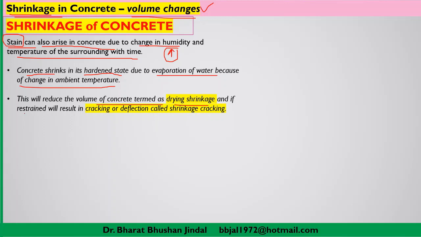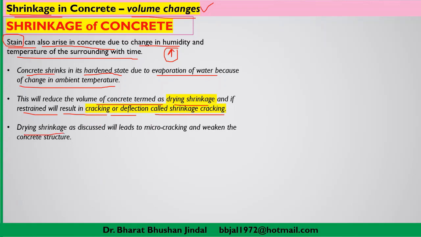And if that particular structural element is restrained to shrink, then there will be cracks or deflection, and that type of cracks are known as shrinkage cracks. Earlier we have gone through creep, now it is shrinkage. So cracking due to shrinkage of concrete is known as shrinkage cracking.